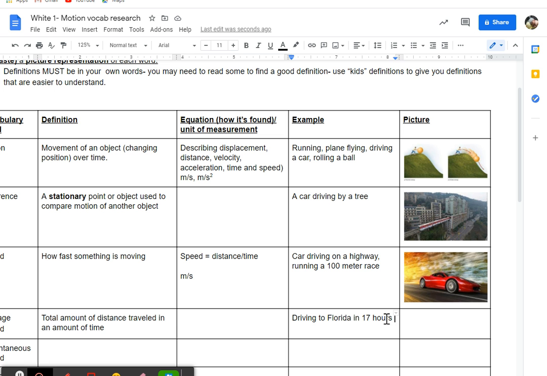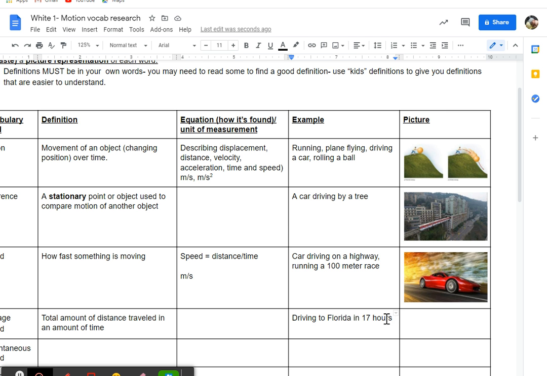I know everybody's going faster than that anyway, but you're less likely to get a ticket when the speed limit's 70. Then you might hit some traffic and you're going down to like 20 miles an hour. So you're constantly changing your speed. Your average speed would be that I had to travel this many miles in this much time, over a longer period of time.